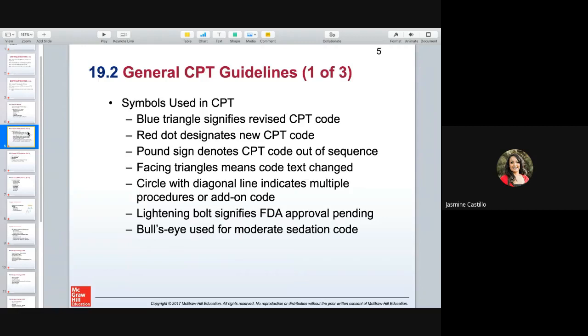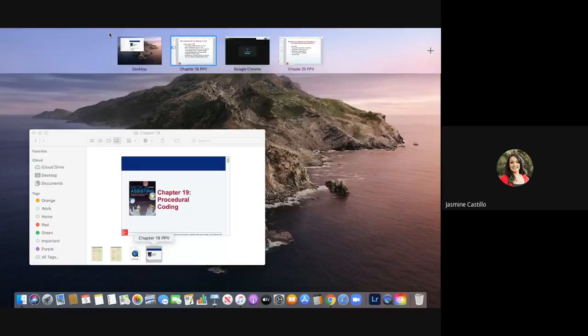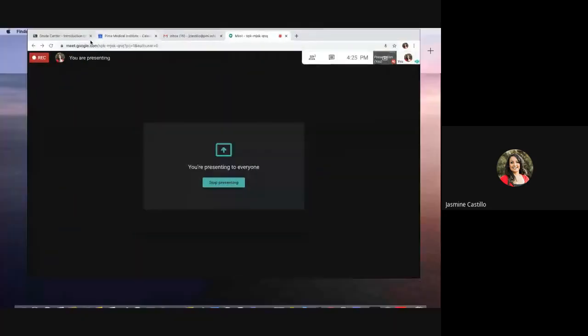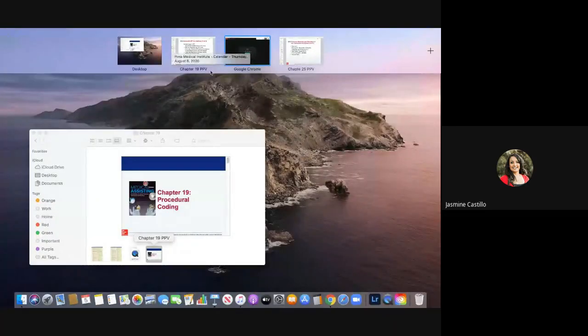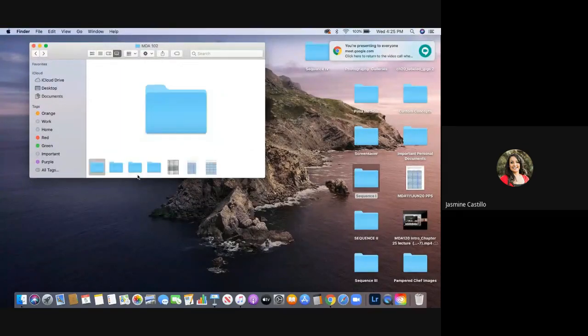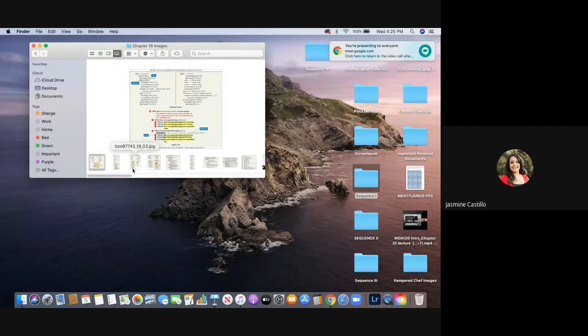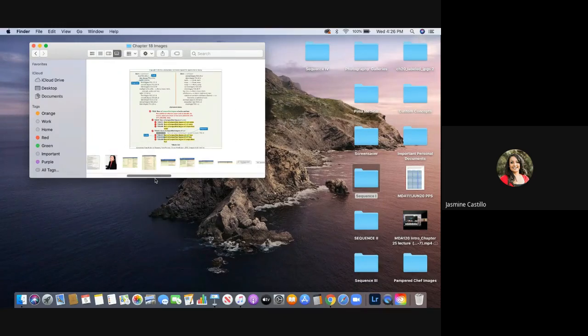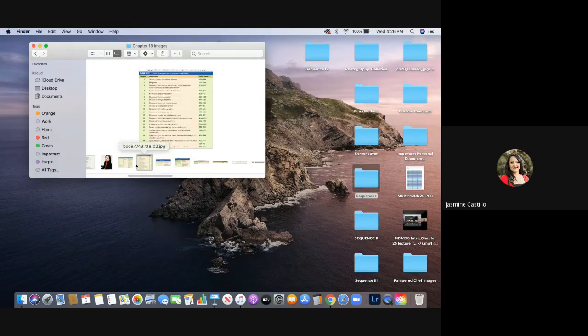All right, there are different types of symbols that we use for different types of codes that we might select. It also gives us information depending on what information may have changed within the CPT manuals or the CPT codes.